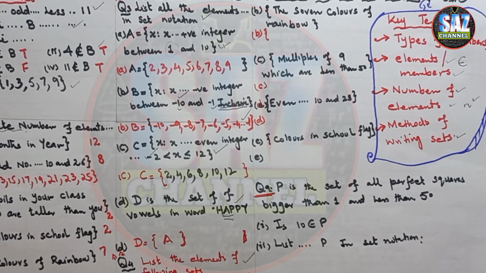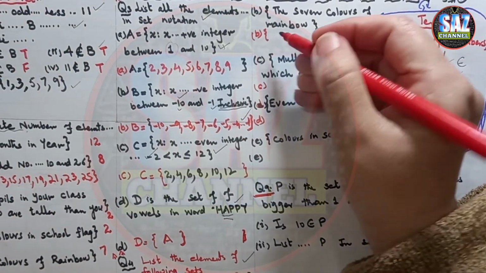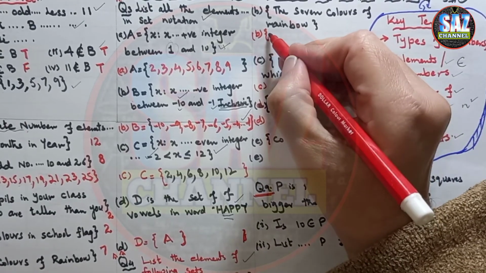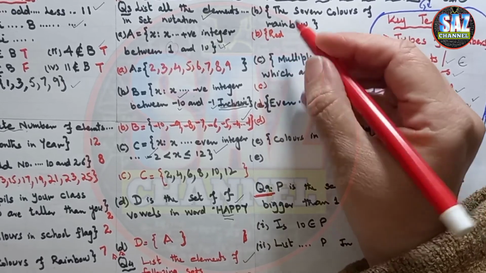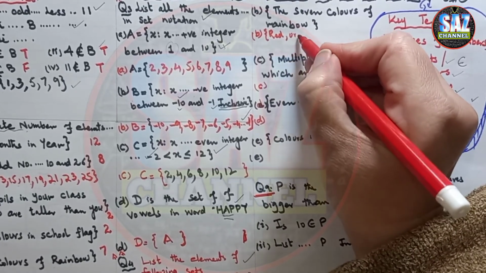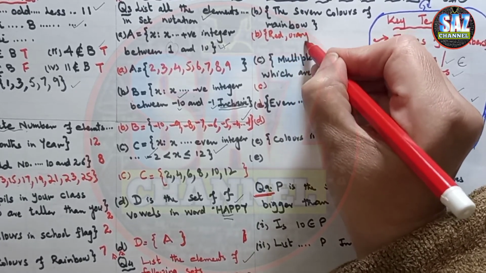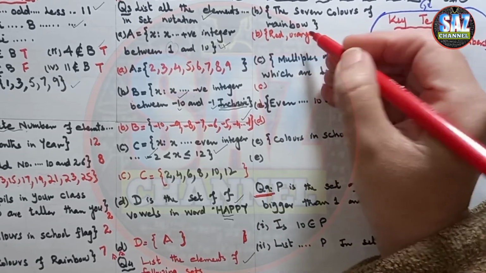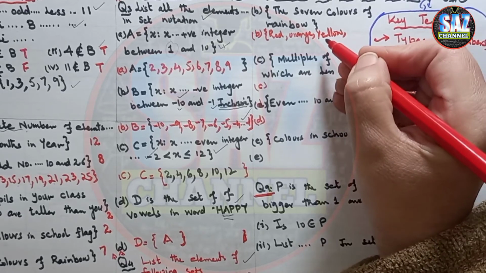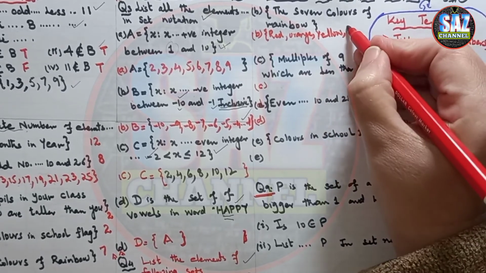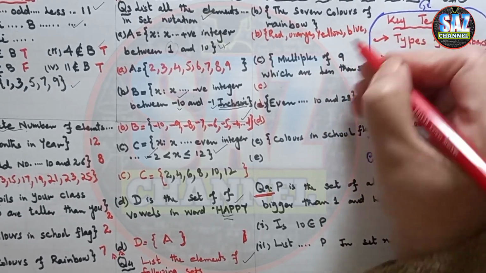Coming to the second part, the second part says the 7 colors of the rainbow. Okay, we have to write the colors of the rainbow, so I have to write them in short form. We know that the rainbow has 7 colors: red, and then we can have orange, and then we can have yellow, then blue and green.